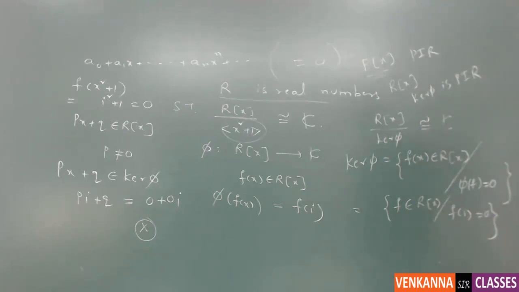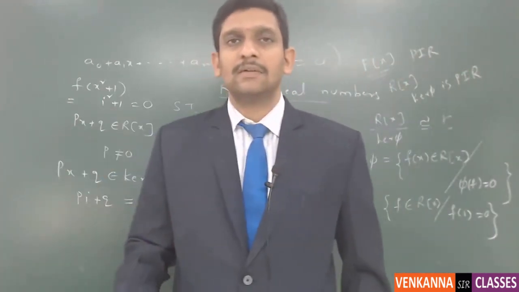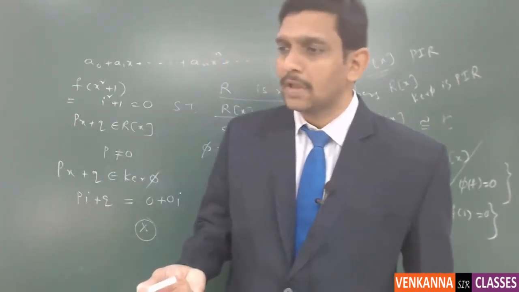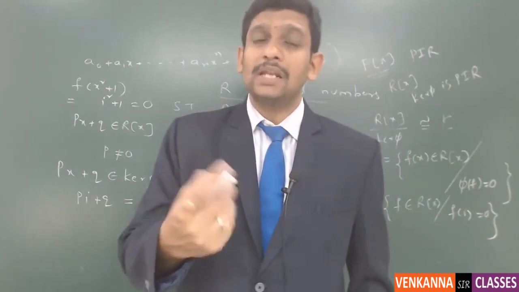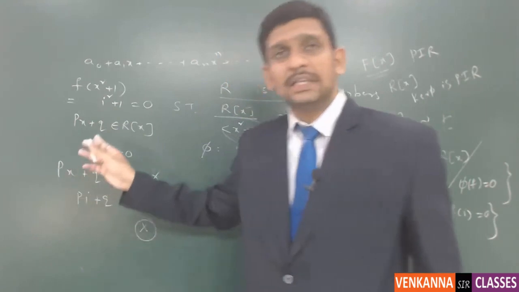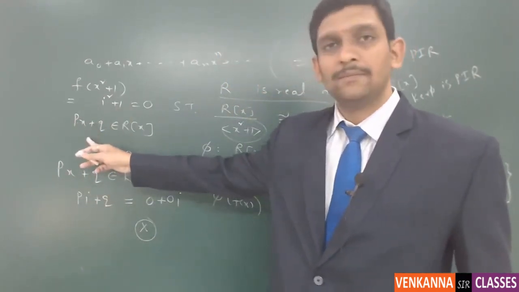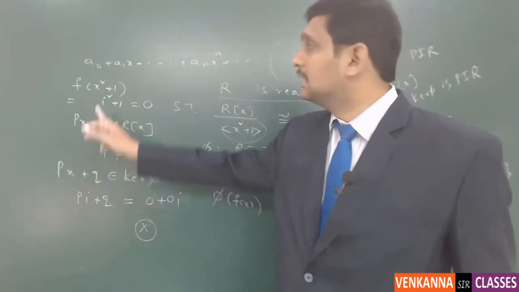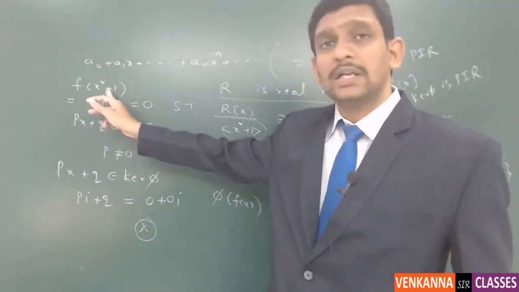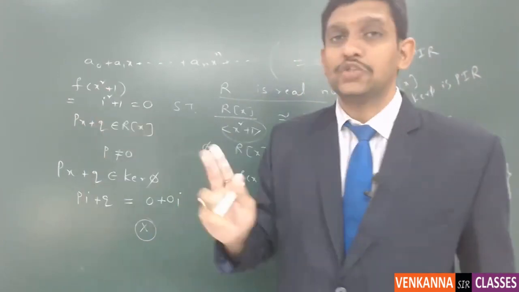So we should know what is the polynomial having the smallest degree in the kernel. There may be many polynomials having the smallest degree, but we should know at least one. Just now we proved that the kernel does not contain any first degree polynomial, and we proved that x square plus 1 is in the kernel, whose degree is 2.